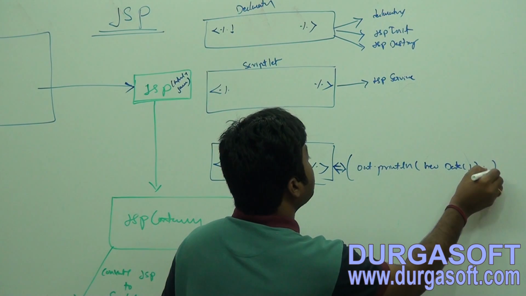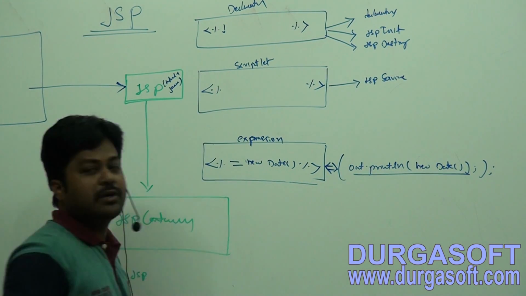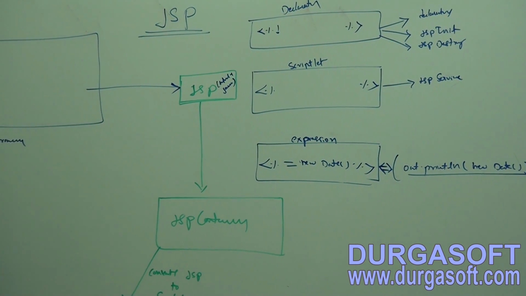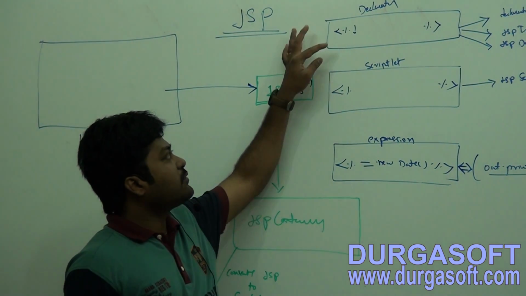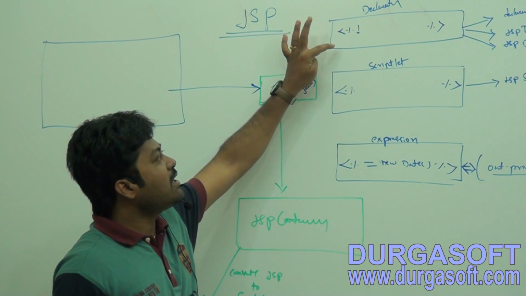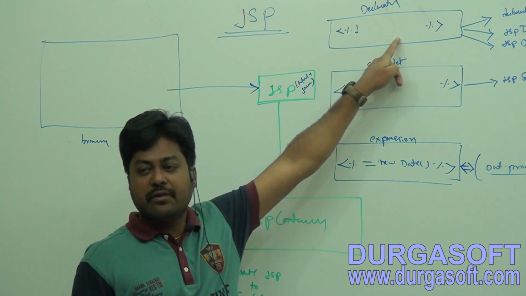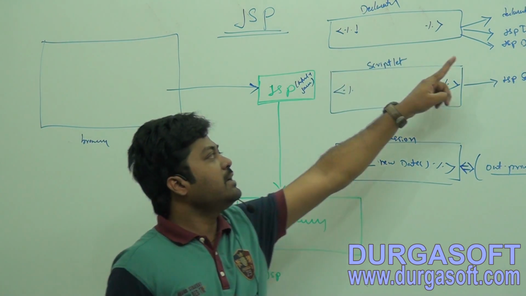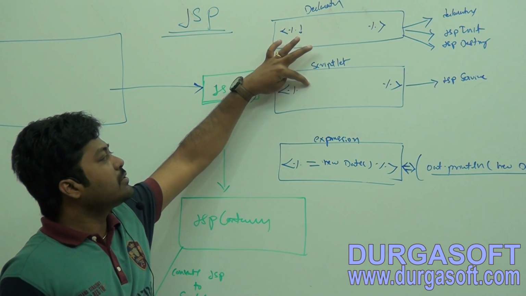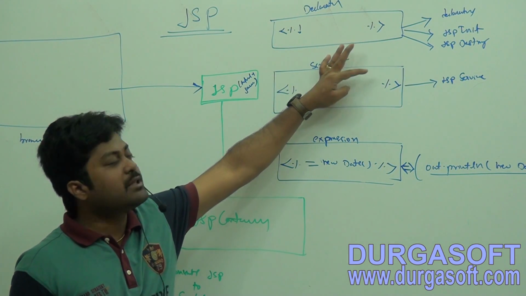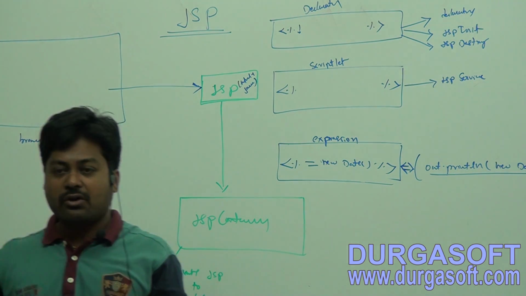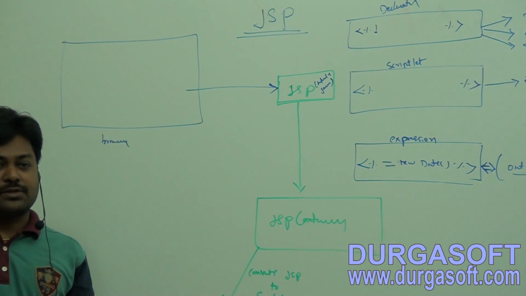Whatever the date is, it will print it on the browser. So we have these three tags: declaration, scriptlet, and expression. What should we use declaration for? For variable declarations and for writing the init method and destroy method. And what should we use scriptlet for? To write service method code. And for printing dynamic outputs you can use expressions.